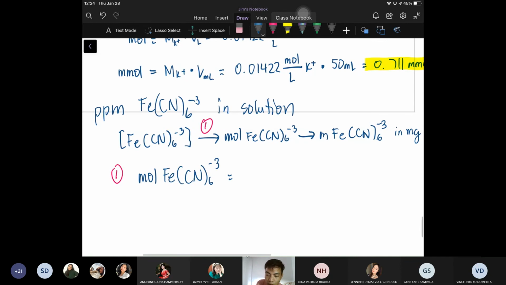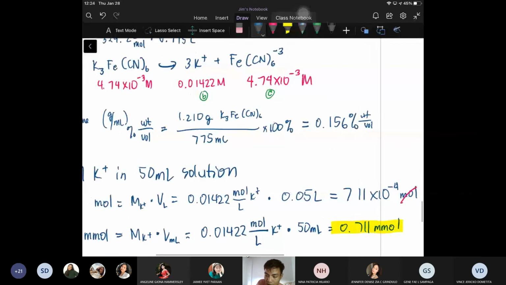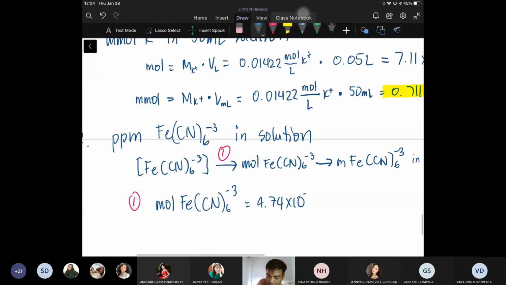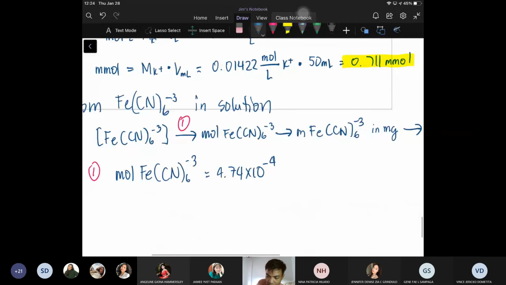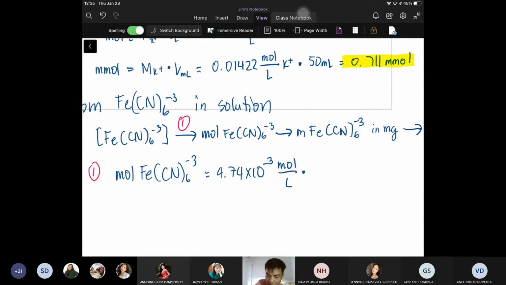So, ano yung molarity niya? 4.74 times 10 raised to -3. Okay, so that's the molarity times the volume of the solution in liters, 775 ml. So that is 0.775 liters.